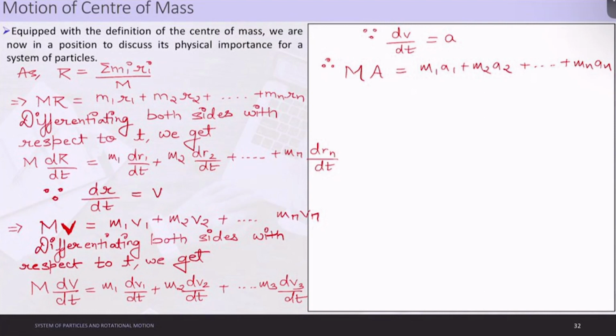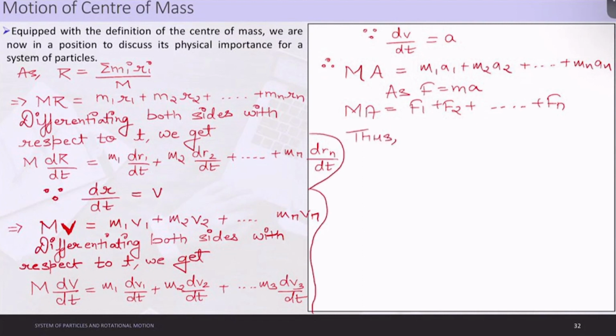Right? So basically, as we know F is equal to m into a, therefore we can write m capital A is equal to F1 plus F2 till Fn. Correct? So let me write that line directly here.